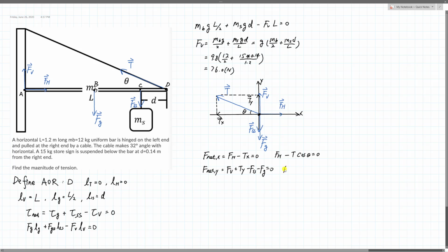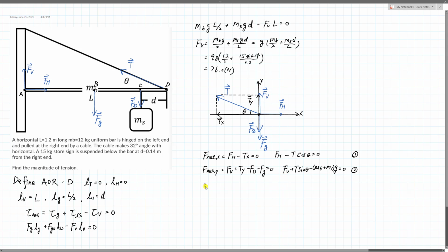So we have vertical force plus tension Y, which is tension sine angle, minus these two forces, which sum up into the total gravity, bar plus store sign, g, equals 0. Okay, from equation 2 we should be able to solve for tension because we already know the vertical force.